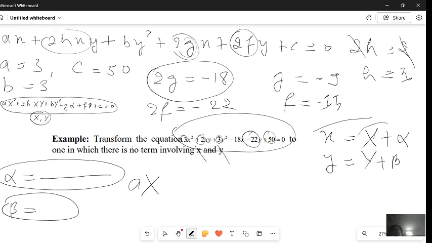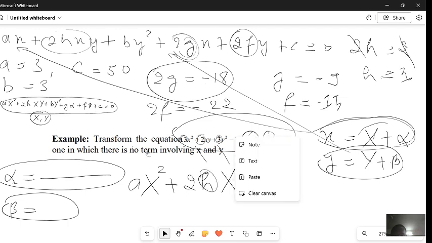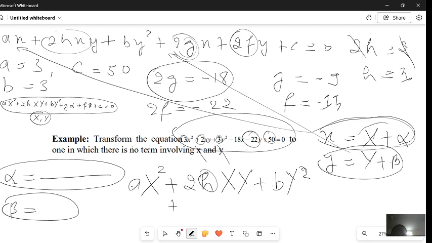Now I replace alpha and beta that I found from the formula we saw before in this equation, anywhere there is x, and where there is small y, I will have the equation with capital X plus 2h, the value of h is already known, capital X and capital Y, plus b, the value of b you already know, the value of a you already know, capital Y square, plus g alpha, the value of g already known from here, alpha I calculated, plus f beta plus c.